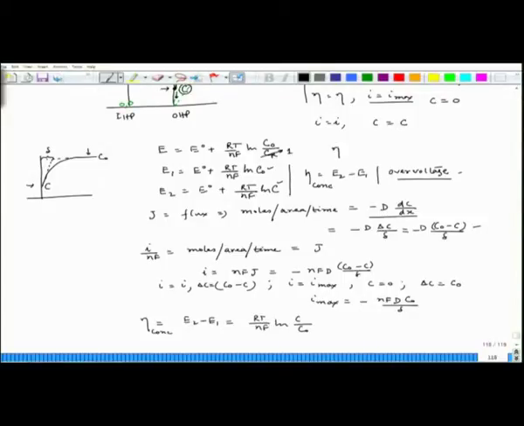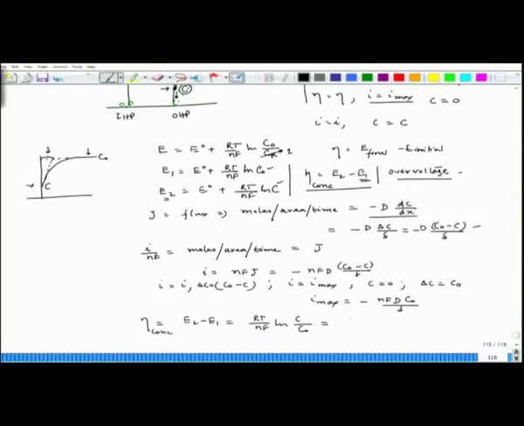So, the overvoltage should be E final minus E initial. Here this one is the initial potential when the concentration of metal ion at the interface is C 0, and this particular one is the final. So, that is what the overvoltage is, E 2 minus E 1.